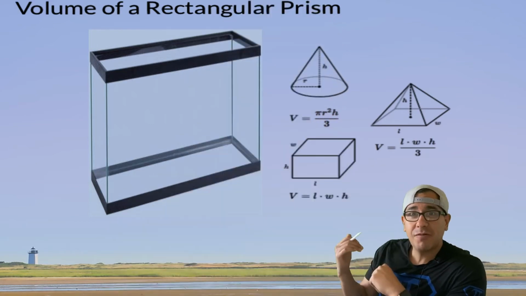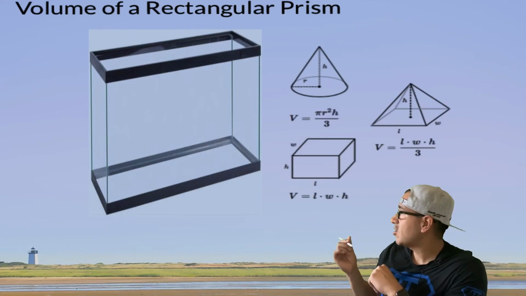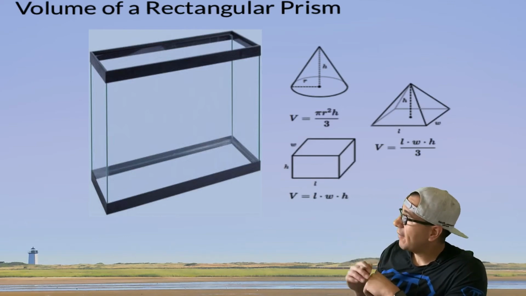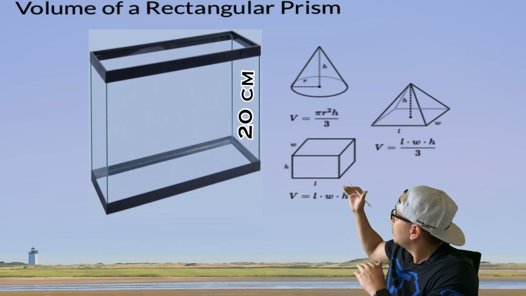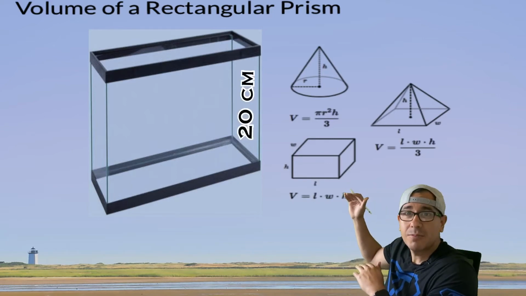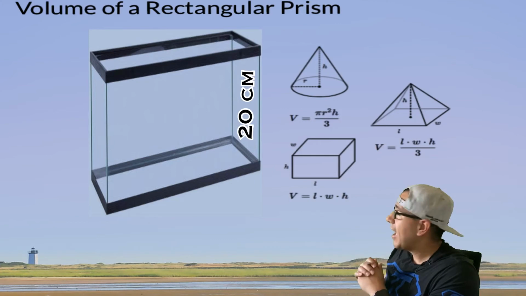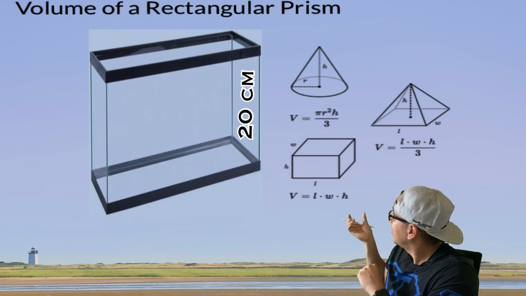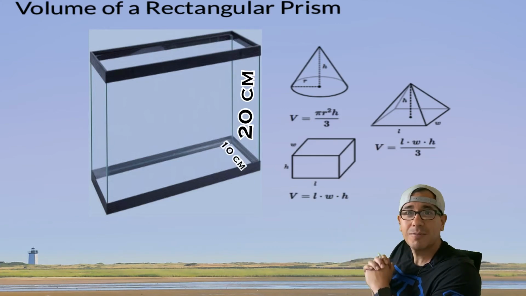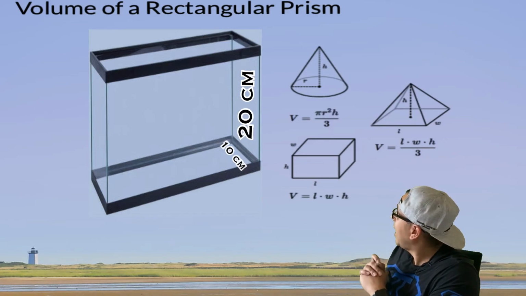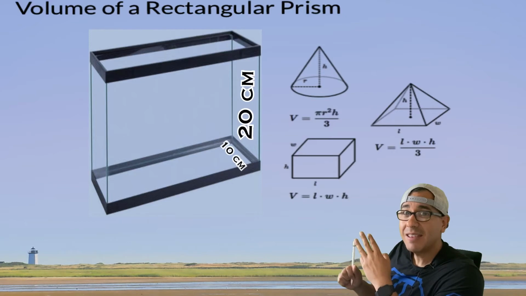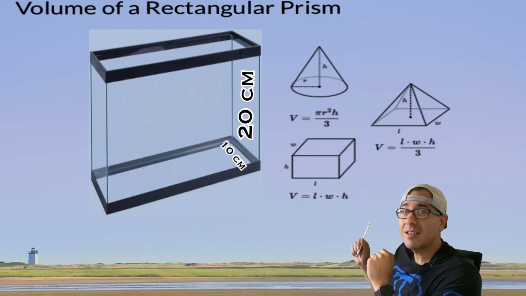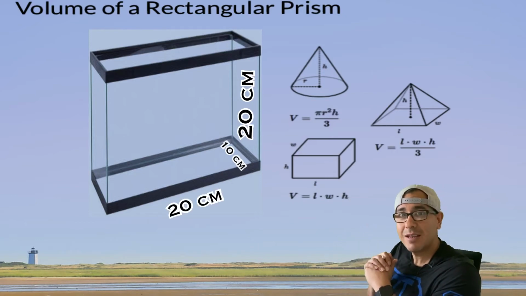All right, so this fish tank, what you're gonna see is that we have a height of 20 centimeters. All right, and we have a width of 10 centimeters. And we have the height, we have the width, now the length, let's say the length is also 20 centimeters.